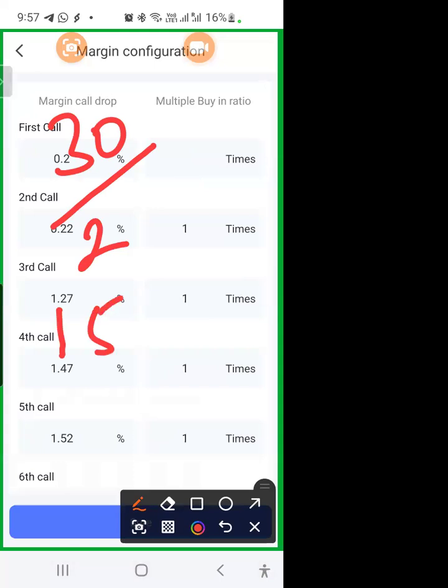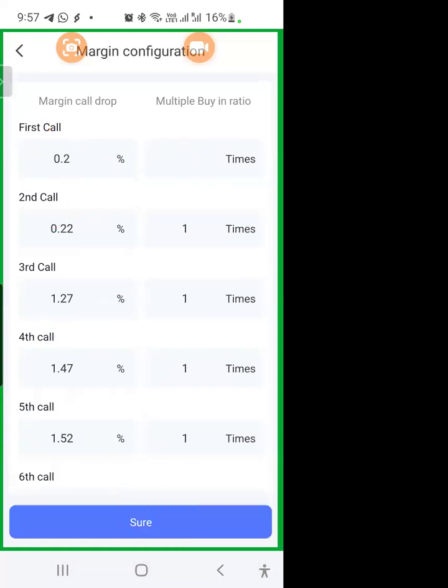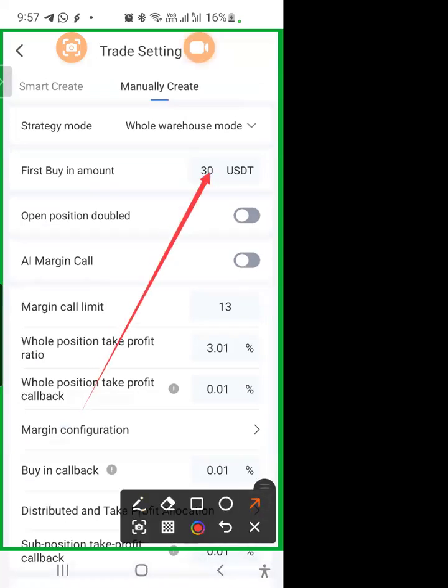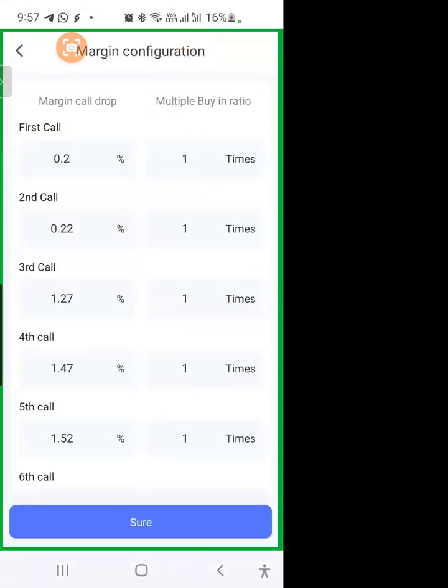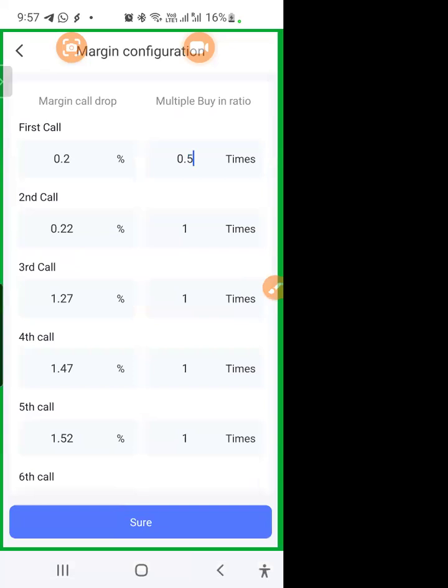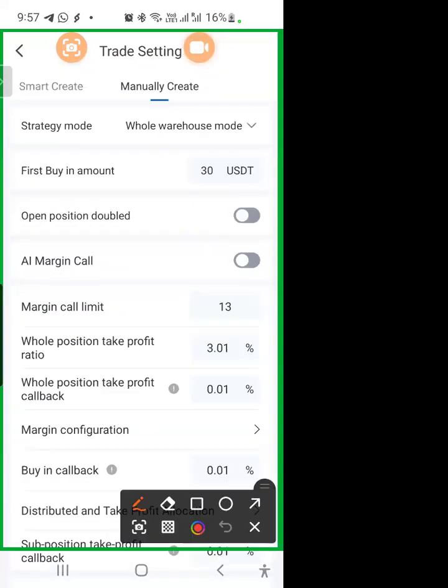If you want here to expose $15, no need to go back at this side and put 15. Just come here, make this one 0.5.